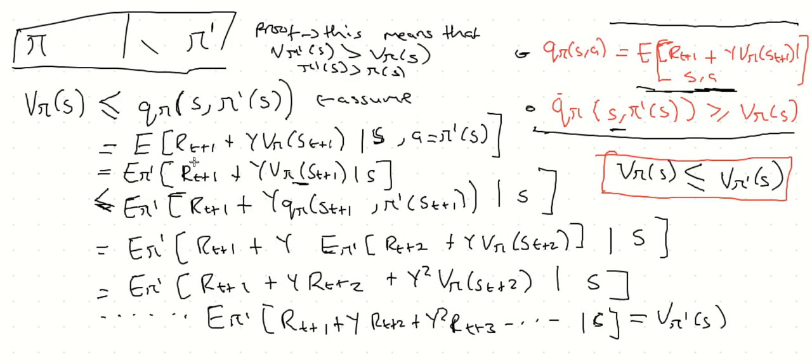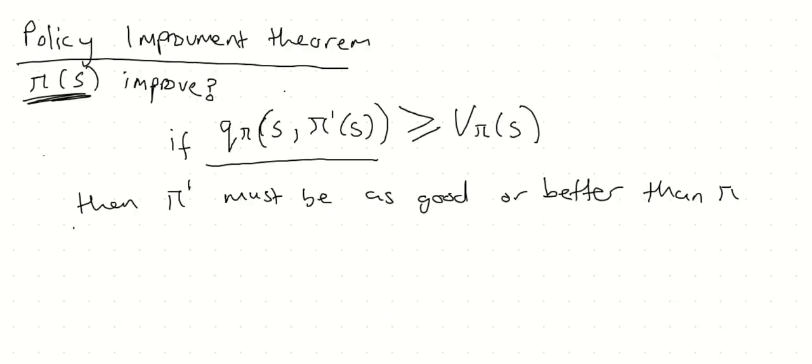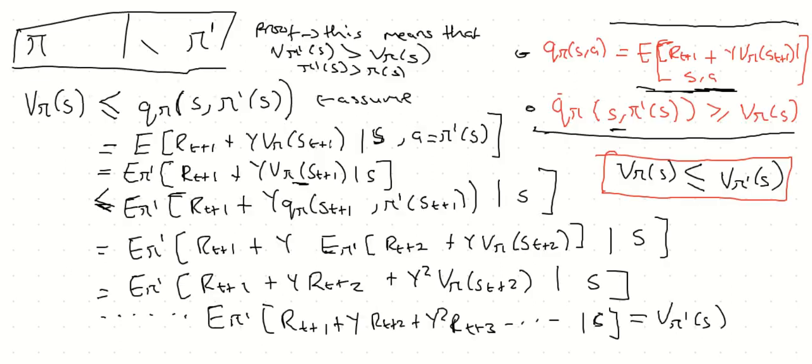So you might be asking yourself at this point, okay, we have proven that according to the policy improvement theorem, if we make a change and it leads us to a better Q value, that means that the new policy must be better, right? So the reason we're going through this now is we can now define what we call a greedy policy, right?